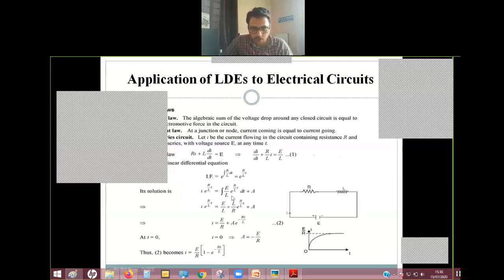Okay. Integration of e raised to Rt by L will be e raised to Rt by L into L by R. Why is this L by R coming? Is everyone getting it?